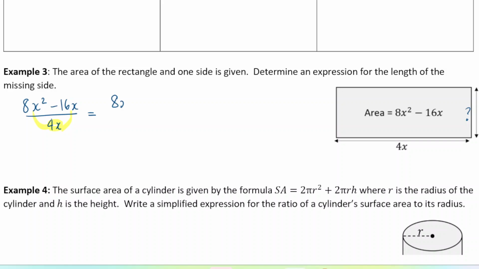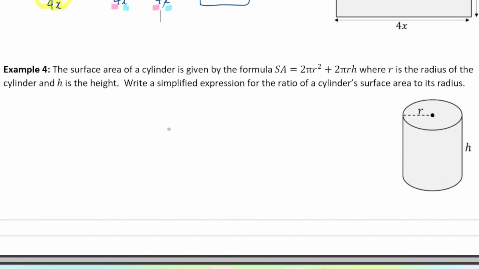So I'm going to have 8x squared over 4x minus 16x over 4x. And recall that we divide the numbers and we divide the variables. So I'm going to have 2x minus, and then 16 divided by 4 is 4. Those x's cancel out. All right, so my final answer is 2x minus 4.